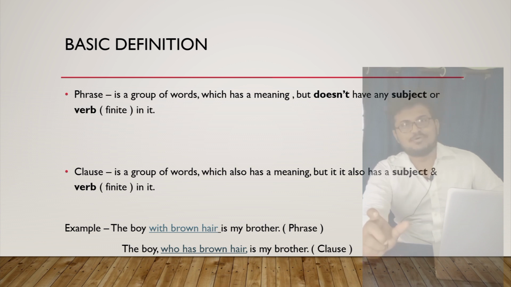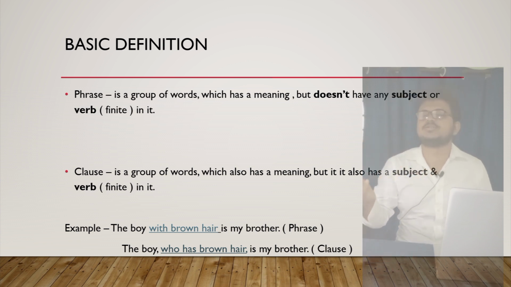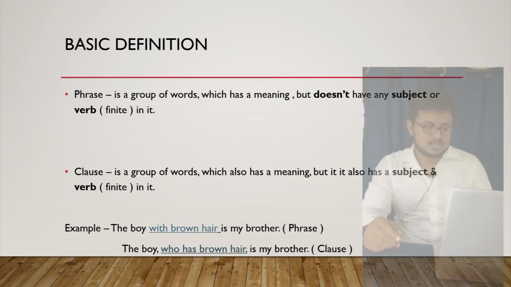So this group of words is called a clause, and the previous group of words, "with brown hair," is called a phrase, because one is formed in a sentence-like manner and one is not. This is the basic differentiation of clause and phrase. I think you can easily find that.